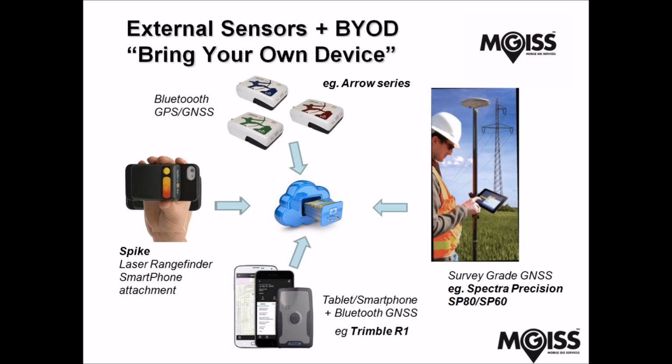So again, this is based on what we're seeing from our existing customer base, more and more working with an existing platform that they developed and wanting to plug in a higher level of data capture or asset inspection capability into an existing platform. So how do you do that?